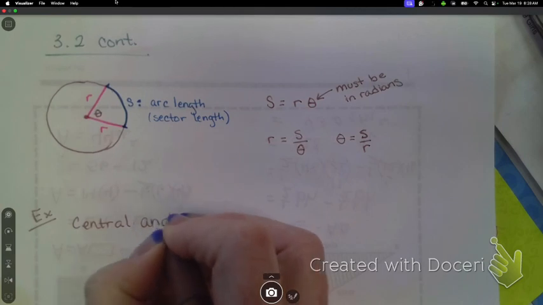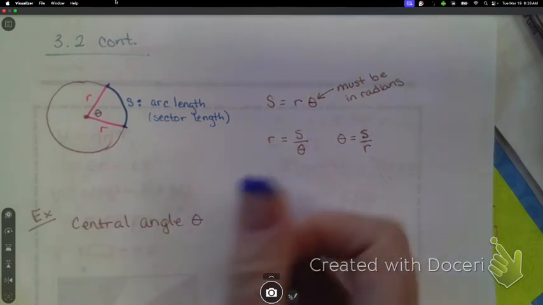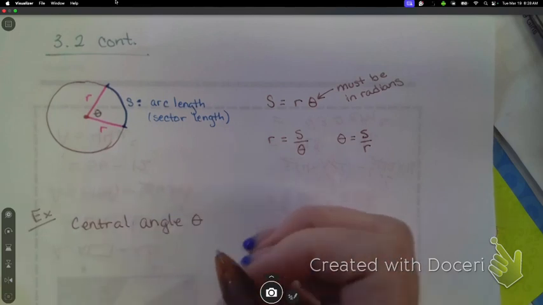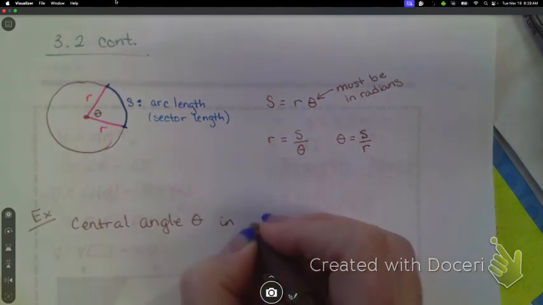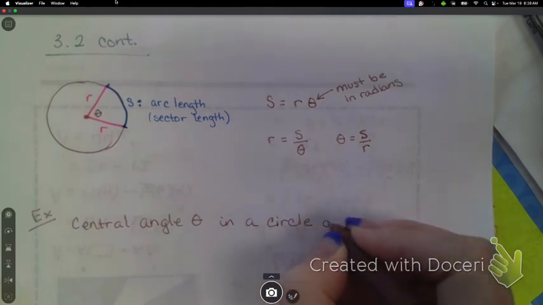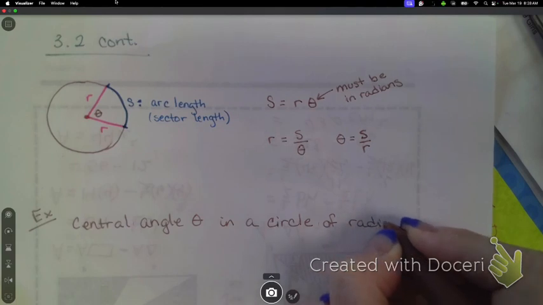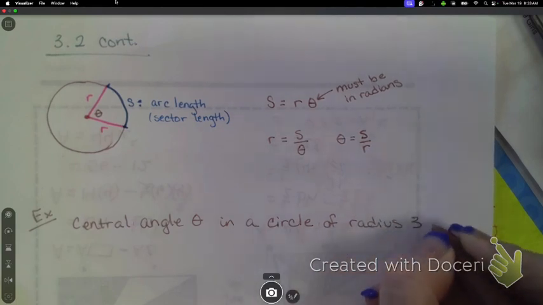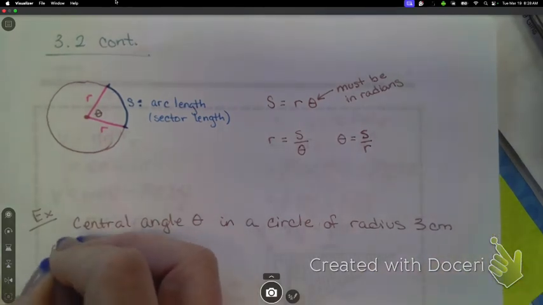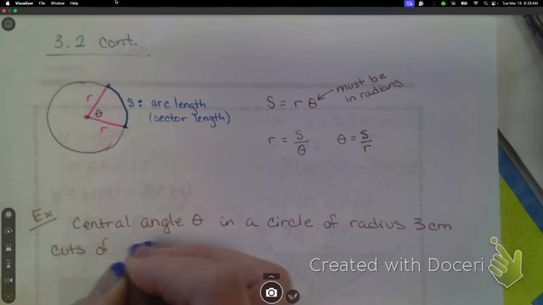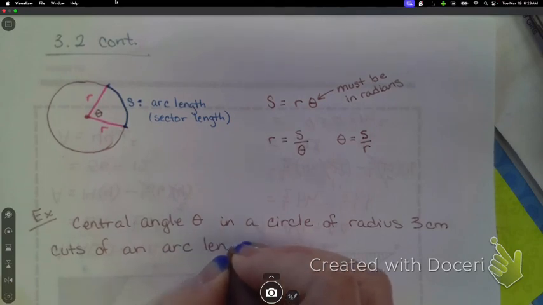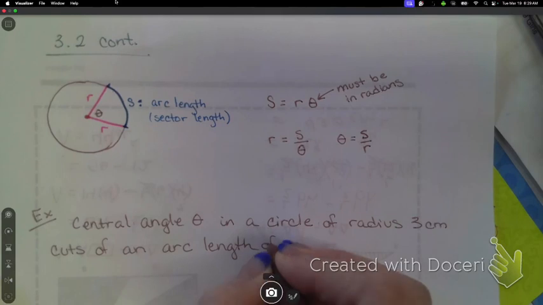Okay, central angle theta in a circle of radius 3 centimeters cuts off an arc length of 6 centimeters.